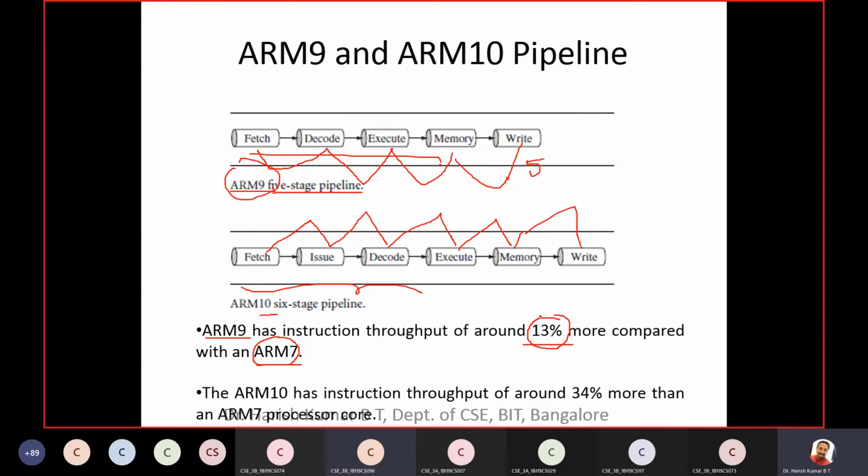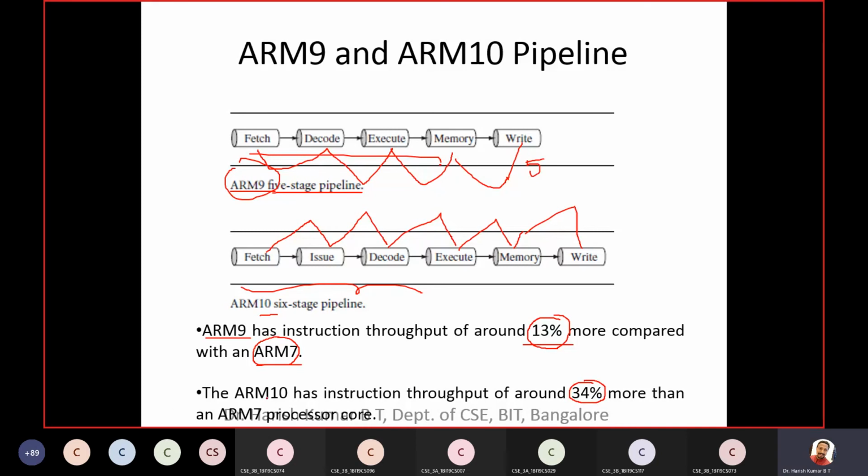For that reason, the amount of work done by the ARM9 processor is 13% more than the ARM7 processor per unit time. If I compare the amount of work done by ARM7 in 1 second with that done by ARM9 in 1 second, ARM9 is 13% more. Now comparing the work done by the ARM10 processor with the ARM7 processor in a second, it is 34% more.